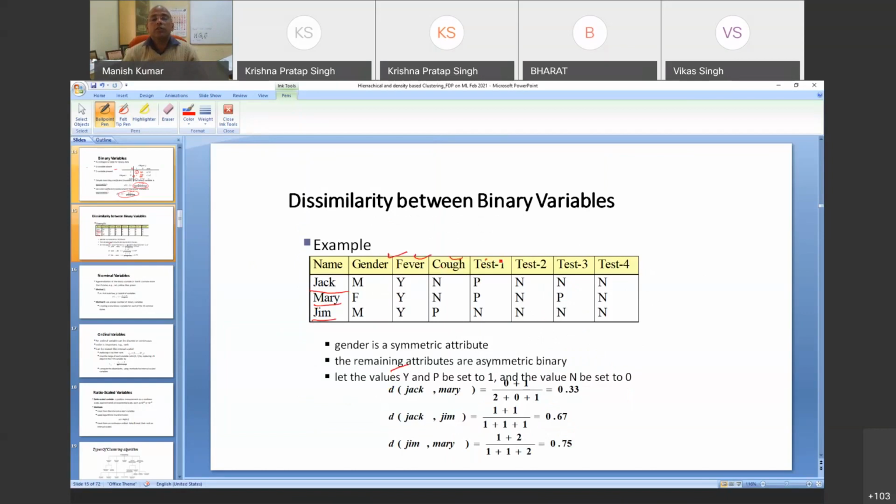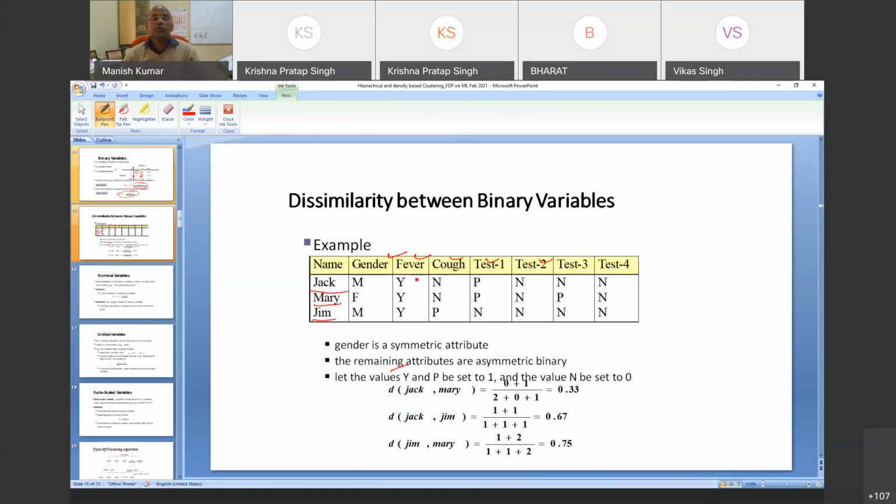Several tests have been taken, such as fever and cough, and we are also capturing the gender part. Here we are assuming that gender is a symmetric attribute, whereas the rest are asymmetric. So I am assigning the values Y and P to 1 and the value of N to 0.